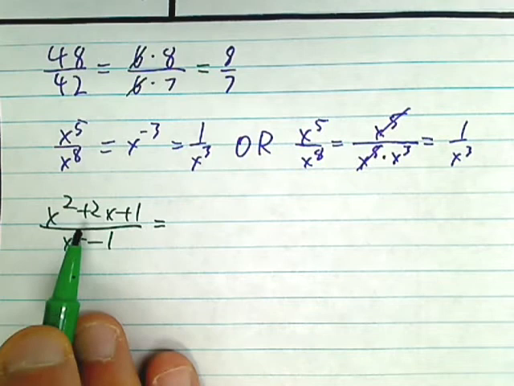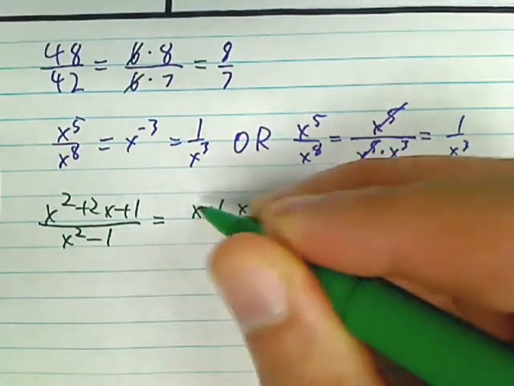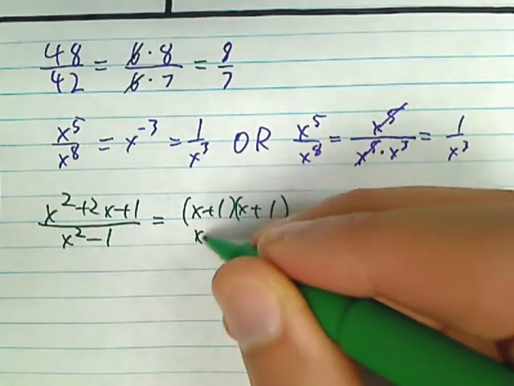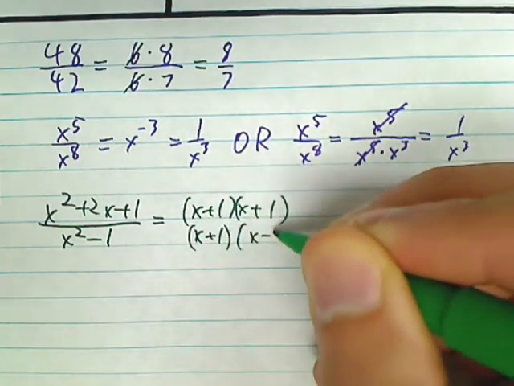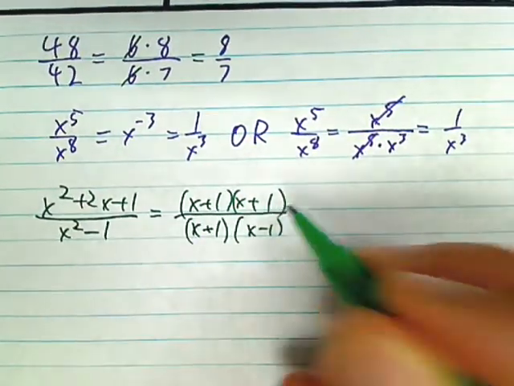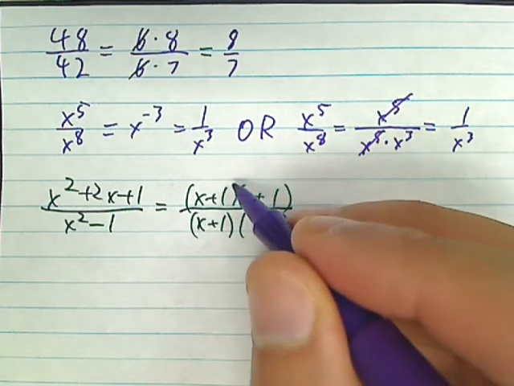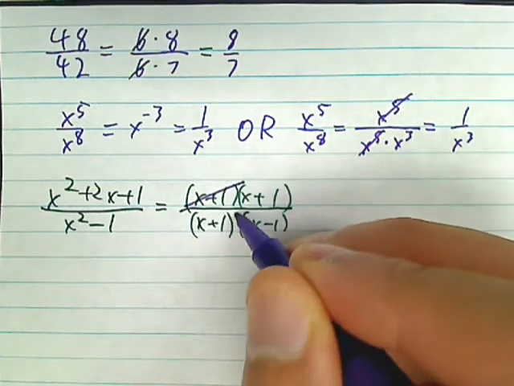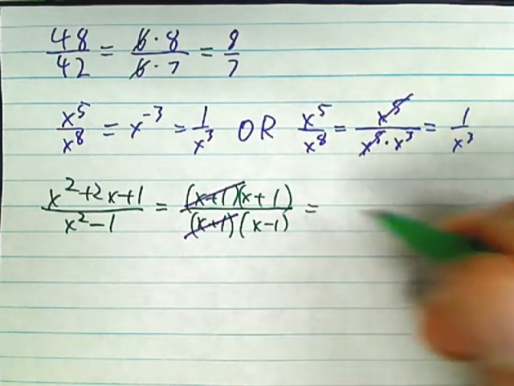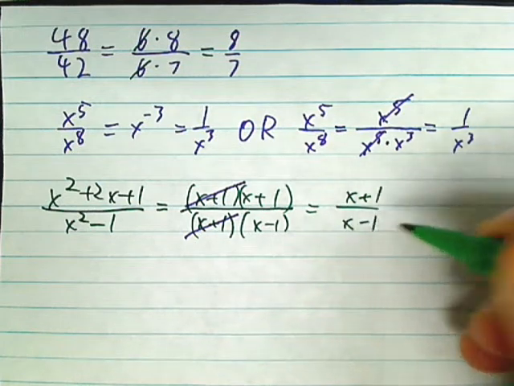In the numerator, that factors to x plus 1 and x plus 1. The denominator is a difference of two squares: x plus 1, x minus 1. Now I have factors separated by multiplication, so I can cancel stuff out. x plus 1 and x plus 1. This gives me my final answer of x plus 1 over x minus 1.